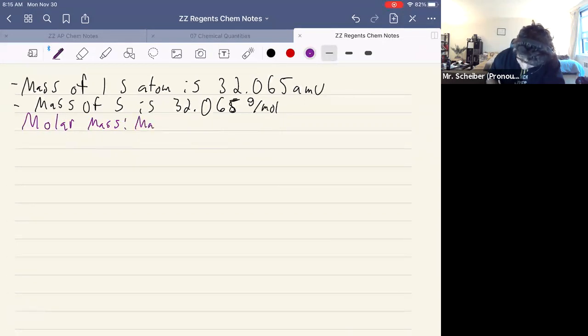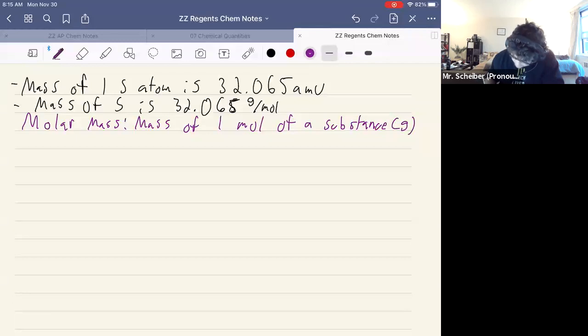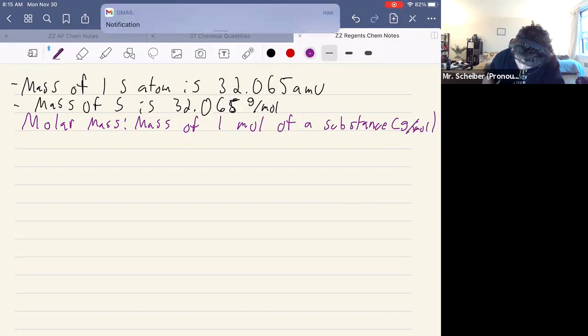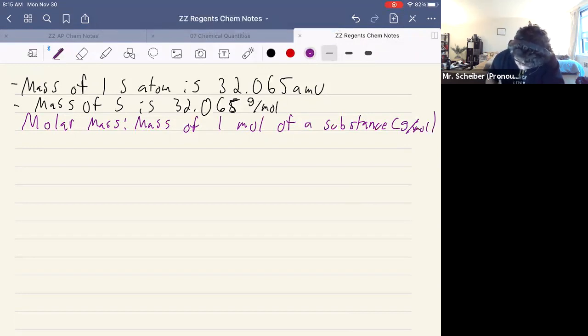Molar mass is literally the mass of 1 mole of a substance. And of course, that's always in units of grams, or technically grams per mole. Okay, so what is the molar mass of water?